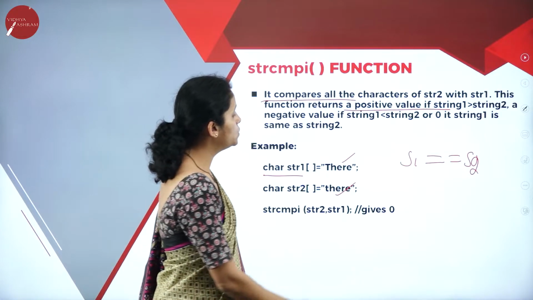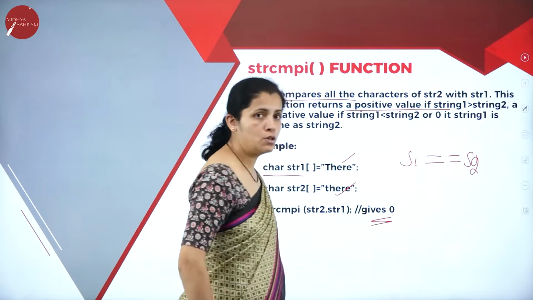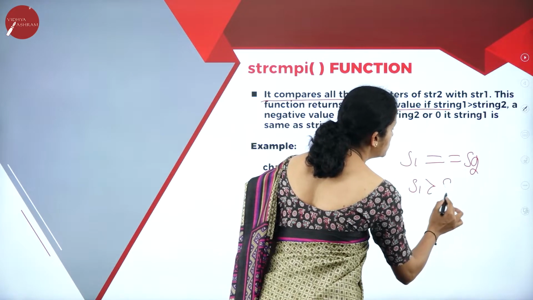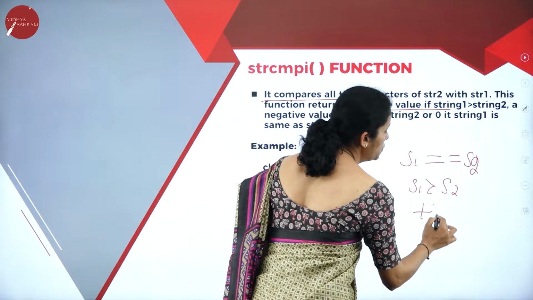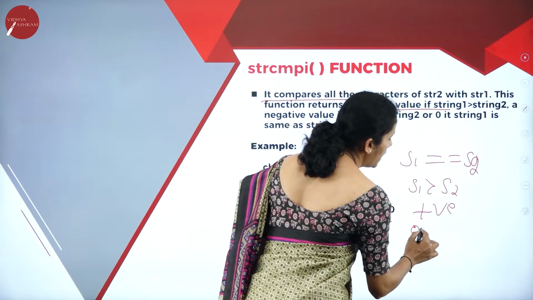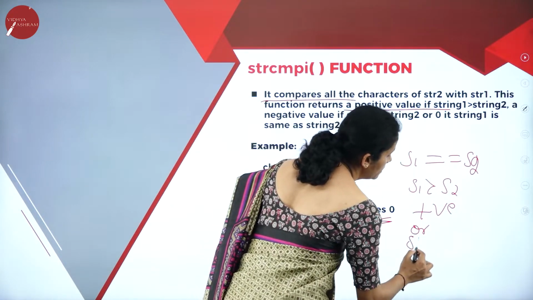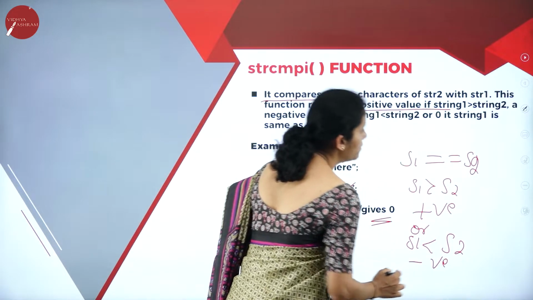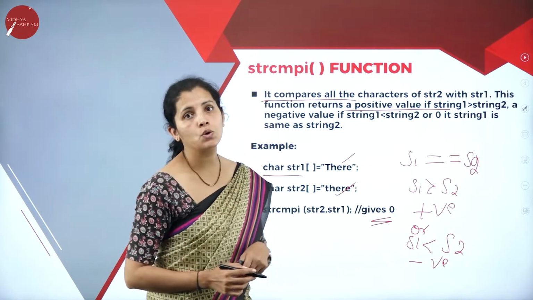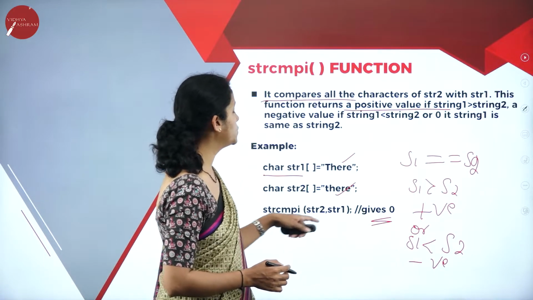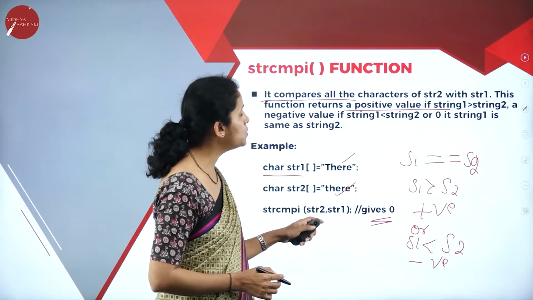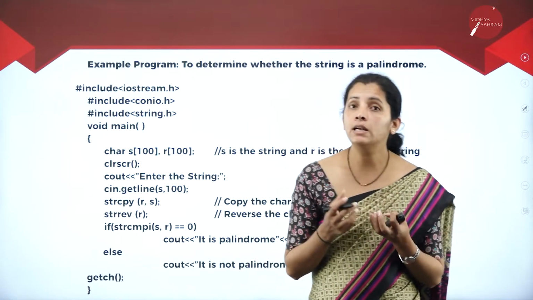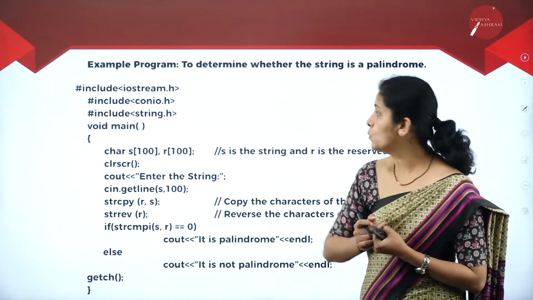So it's going to return the value 0. If S1 greater than S2, some positive value. Otherwise, that means S1 less than S2, some negative value. If both S1 and S2 are equal, then it's going to return the value 0. This is the way I can use built-in functions in my program.